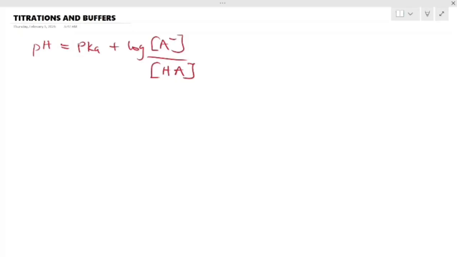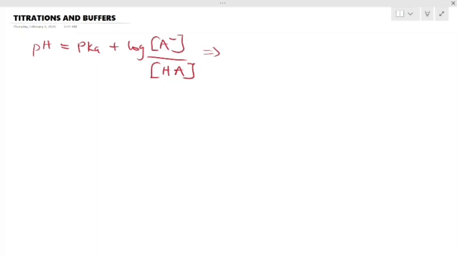What this equation shows is, in a weak acid solution, the relationship between the pH, the pKa, and the concentration of the conjugate base and the acid, and it's expressed by the equation above, which is this particular equation.